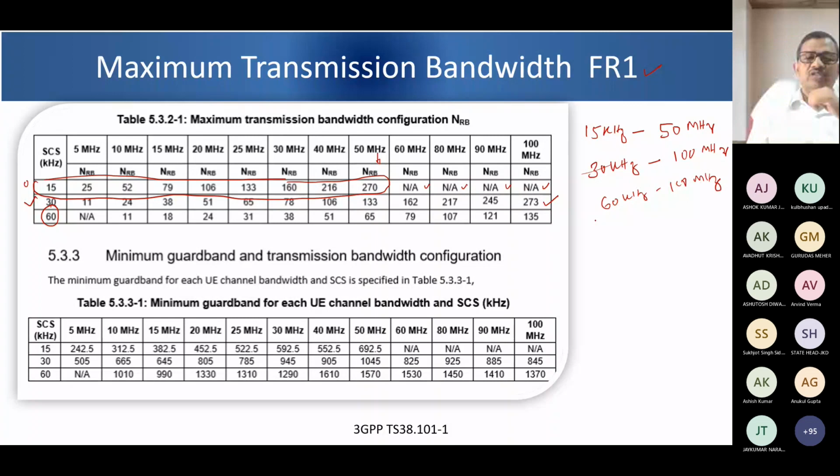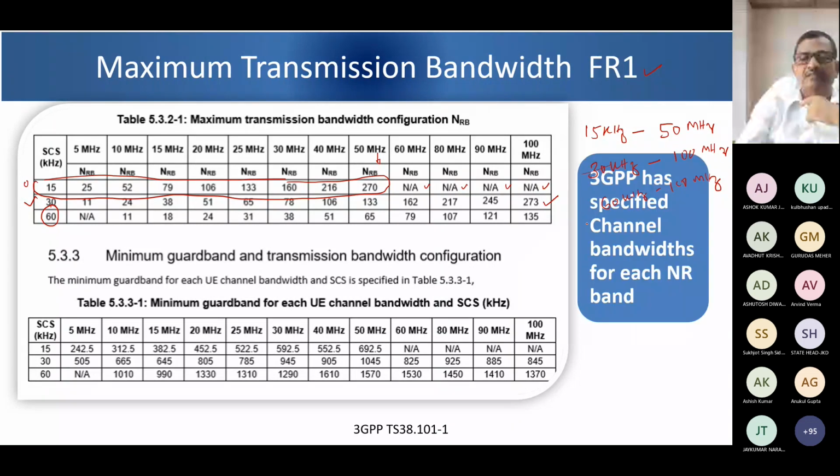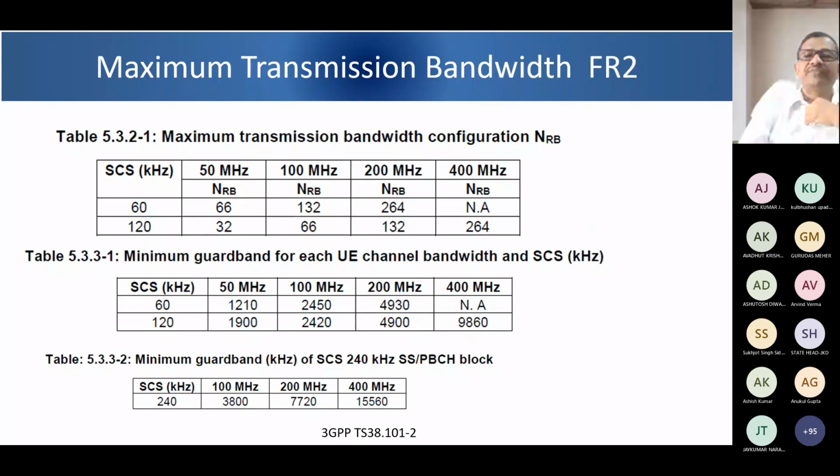So this table was for FR1, which gives your number of PRBs for a given configuration and also the guard band. Now let's look at this table. This table is for FR2, frequency range 2. When I say frequency range 2, it was 24 gigahertz to 52 gigahertz, if you recall yesterday's discussion.